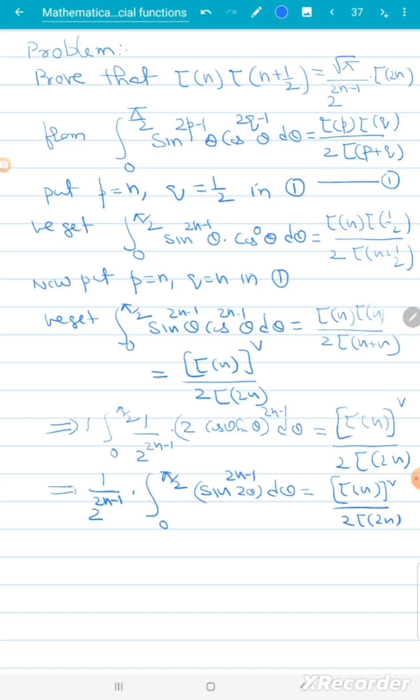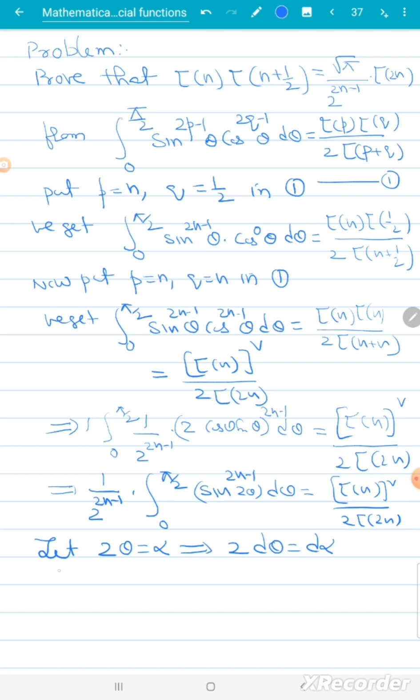Now let 2 theta equal alpha. This implies 2 d theta equals d alpha. Now the limits also change.